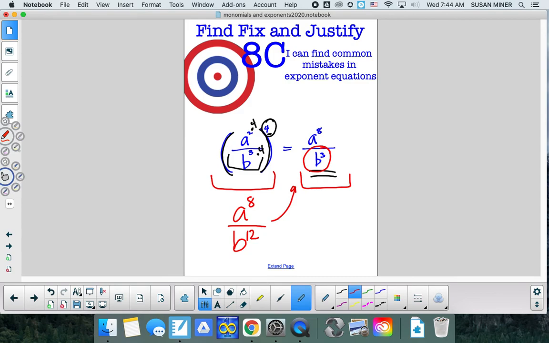If I were doing a problem like this on my homework assignment, I would just write a little sentence or expression that says something like "exponent didn't get distributed to the denominator."